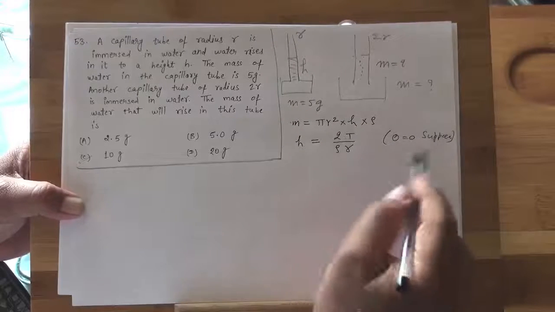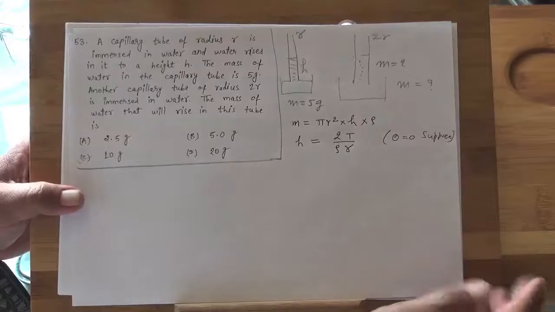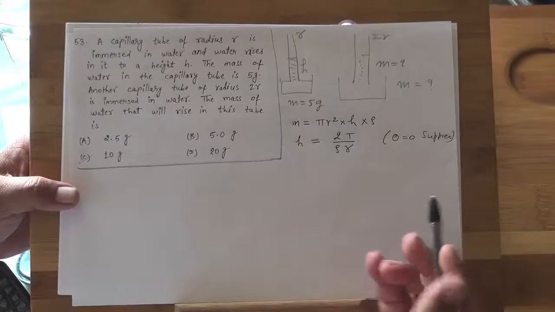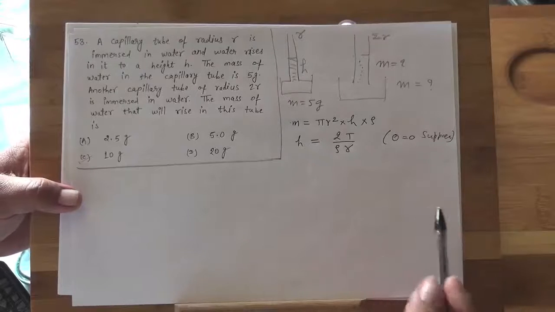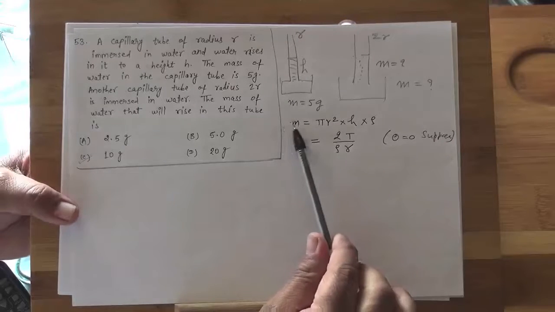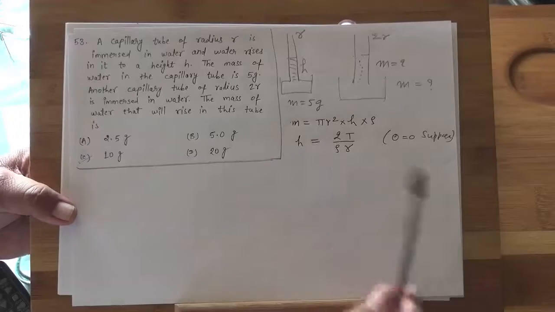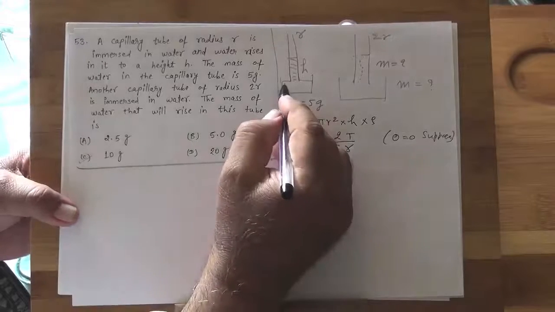So that cos theta here is 1. Okay, this T stands for tension, surface tension. We can write it T. Okay. These are the two formulas in our knowledge. Now we apply it in case 1.